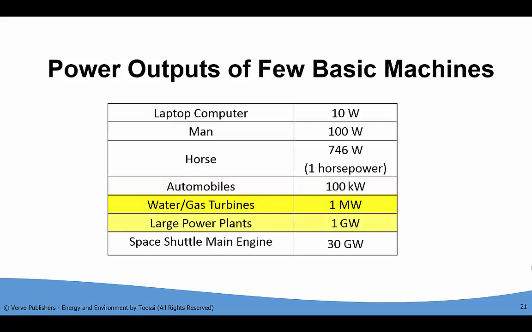Large power plants, like a nuclear power plant, produce 1 gigawatt of power. So one power plant can produce over 1,000 times more power than a gas turbine, which is 1 megawatt. And a gas turbine or water turbine can use about 1 million times the power of a regular man.